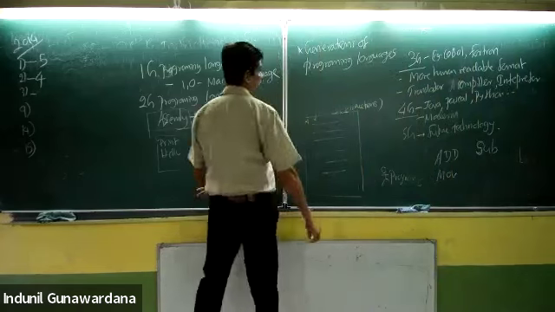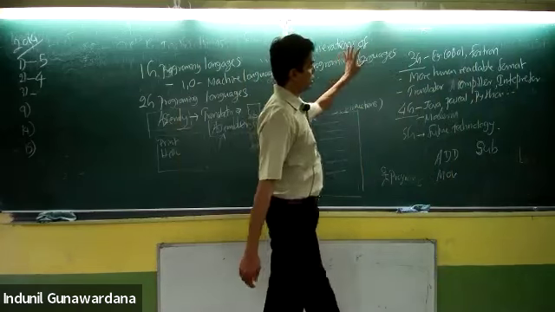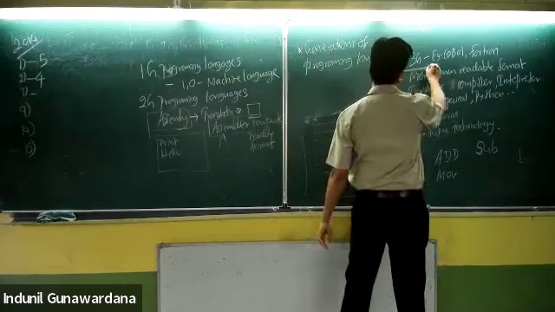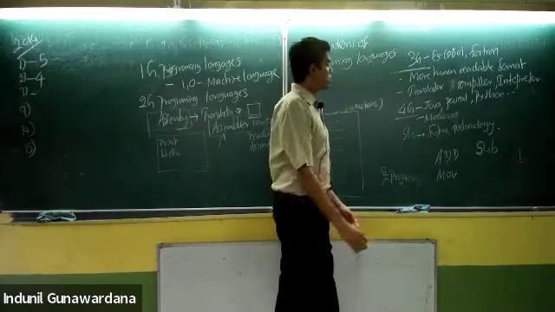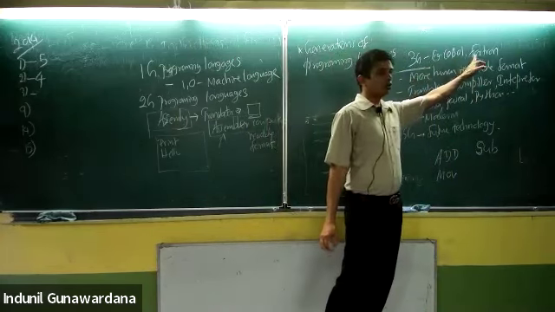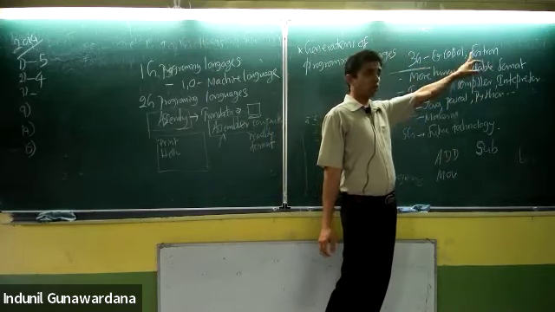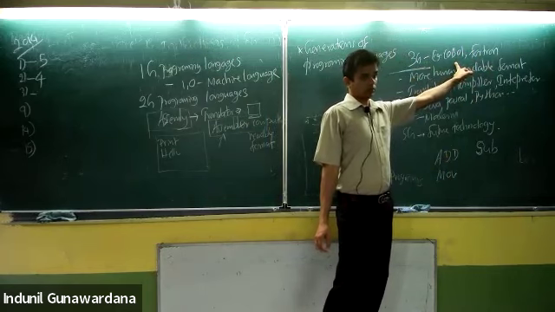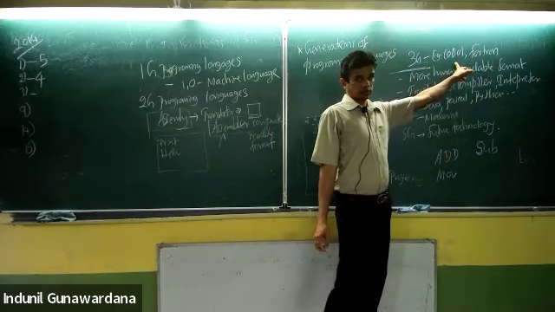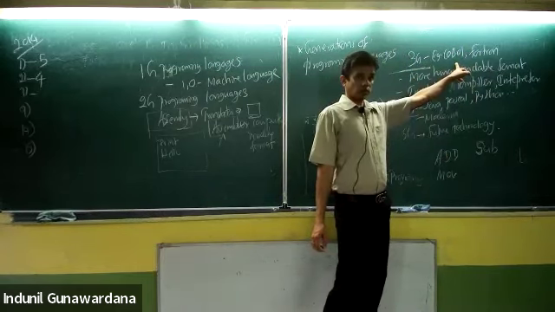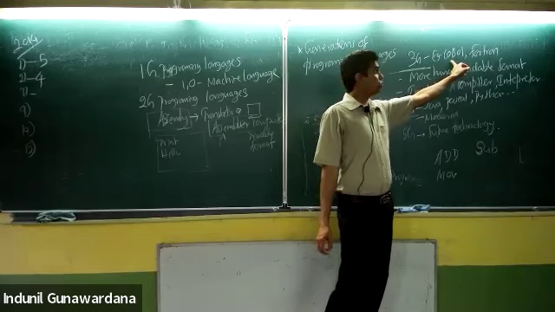Right. Now we go to the next one, 3G, third generation language. We'll start from examples: COBOL, Fortran. Under that we write COBOL, Fortran.